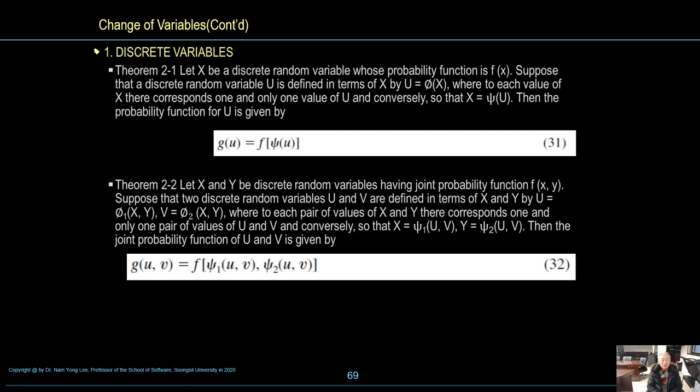Then the probability function for U is given by g(u) = f[ψ(u)].